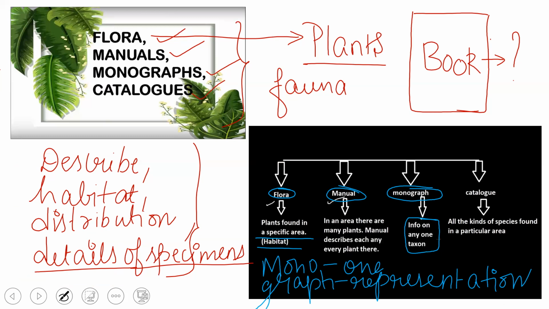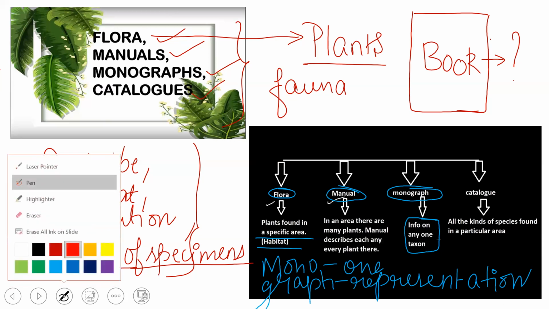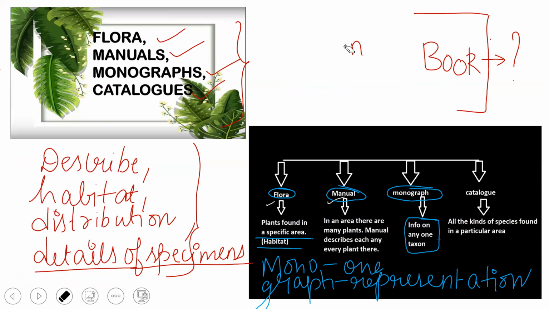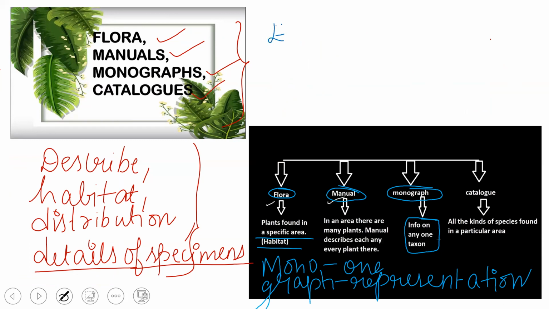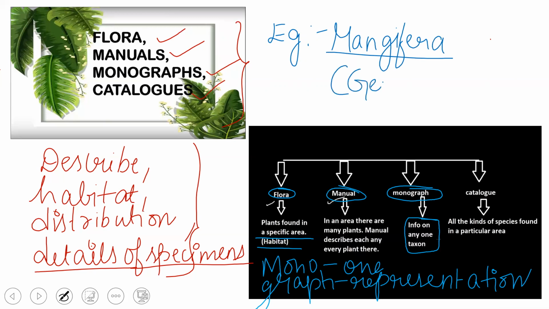Let us look into the taxon. For example, the taxon may be Mangifera. We know that Mangifera is a taxon for a category called genus. So the whole information will be only on Mangifera.